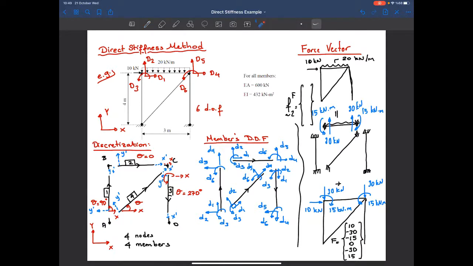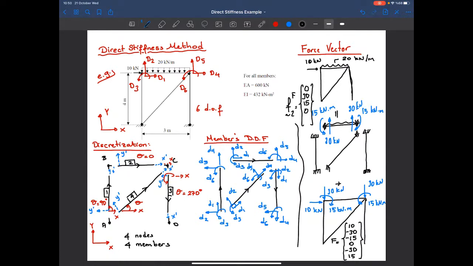So while writing this fixed end force, I will be using these directions. So in the D1 direction, no force, I got 0. D2 is in the upward direction, I got 30 kilonewtons. So this is 30. D3, it's in the counterclockwise direction. I have a counterclockwise moment, 15 kilonewton meter here.